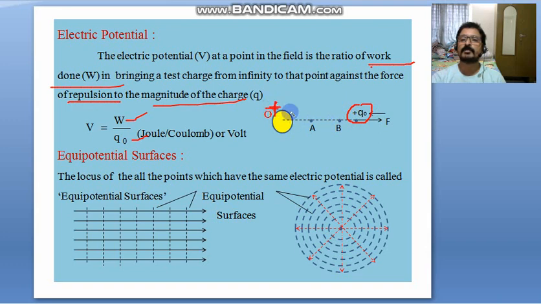Suppose we have a positive charge here. It has some electric field around the charge. If we keep a positive test charge here, it experiences a force of repulsion and it moves in this direction.